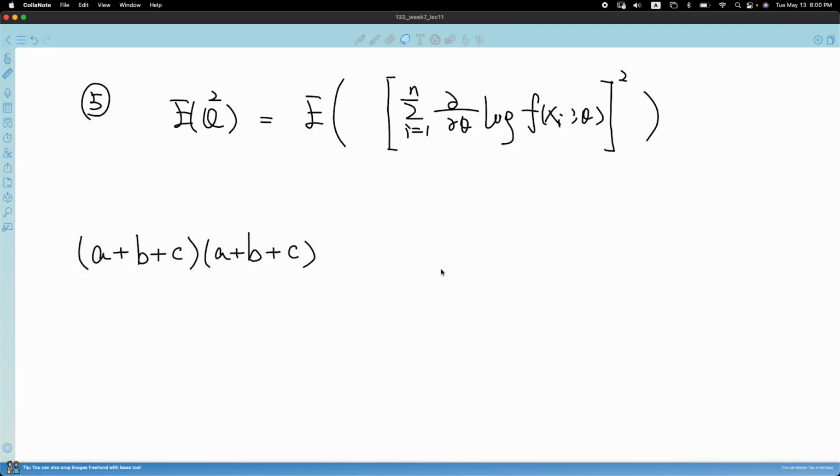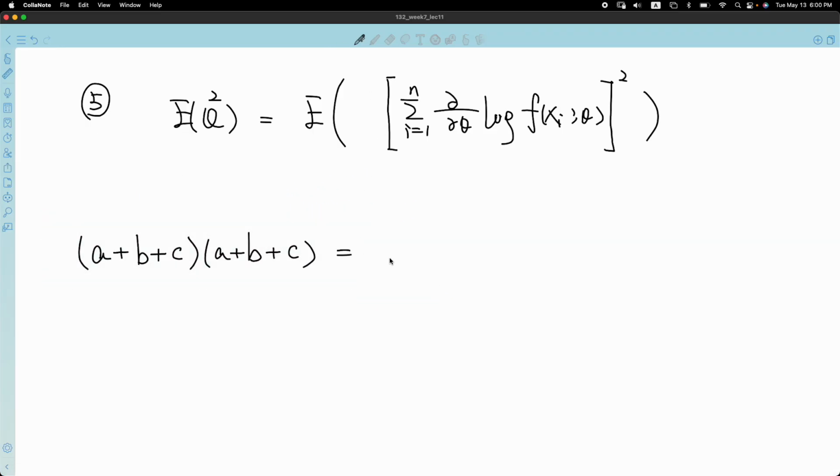You will end up with a squared plus b squared plus c squared, plus any of the 2 combinations: 2ab plus 2ac plus 2bc. This is for 3 terms, but right now we have n terms, so we are just going to generalize the case for 3 terms.